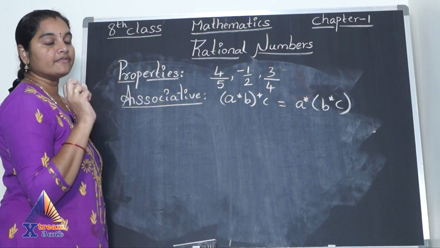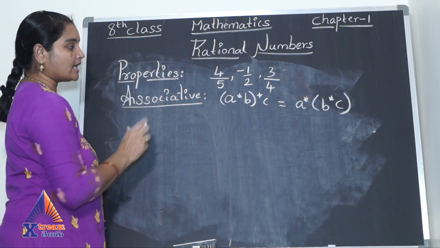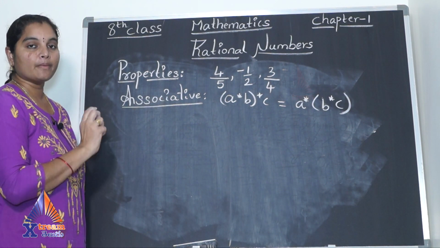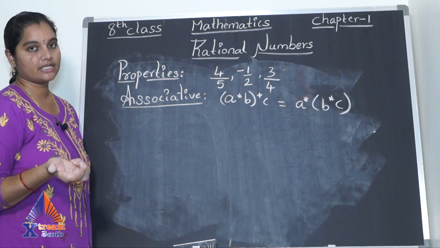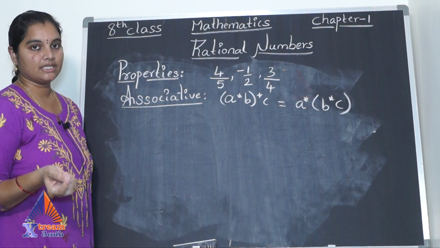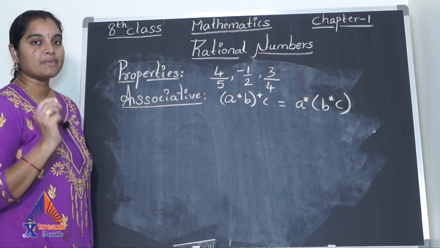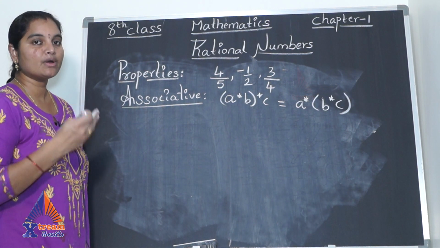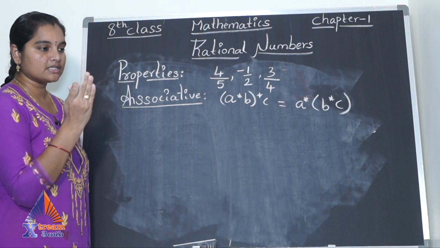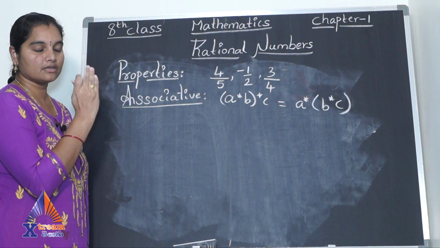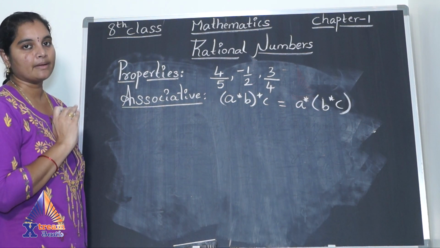With the way you read, you should understand which part of the property you are reading. Is it the LHS part or the RHS part? (A plus B) plus C is equal to A plus (B plus C). So you need to give a little pause between the bracketed numbers and then the regular number.